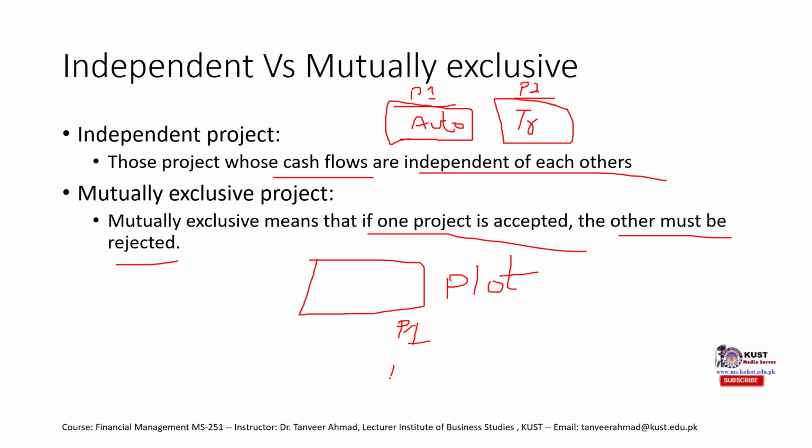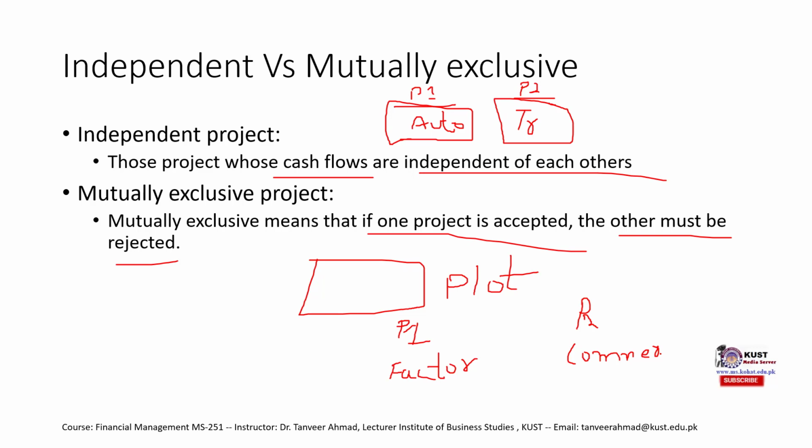Project one is to install a factory over the commercial plot, right? And project two is to build a commercial market or plaza kind of a thing, where you would rent out the shops. So you can either build a factory or a commercial plaza.